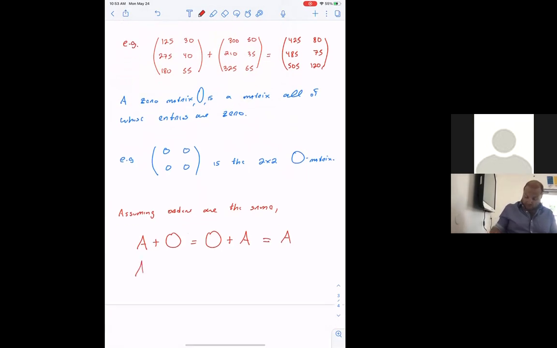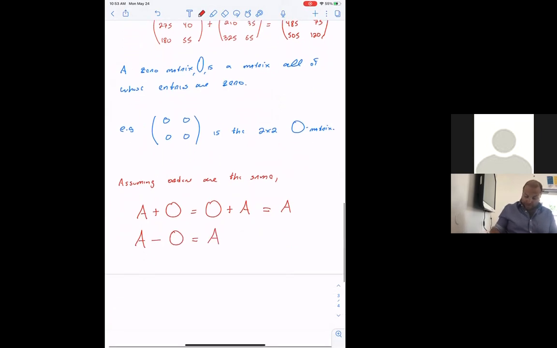We also know that A minus 0 is A, and 0 minus A is equal to, well, we should define this, negative A, the negative of the original matrix. But of course, how do we define the negative of the original matrix? We define this as the constant -1 times the matrix itself.